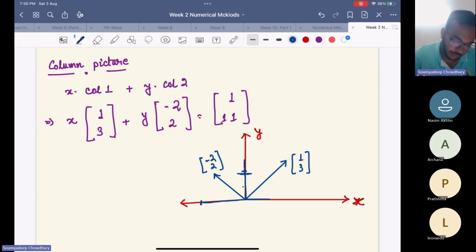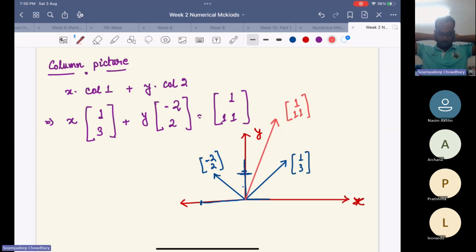We move 1 unit here and 11 units, suppose you get it here. (1, 11).